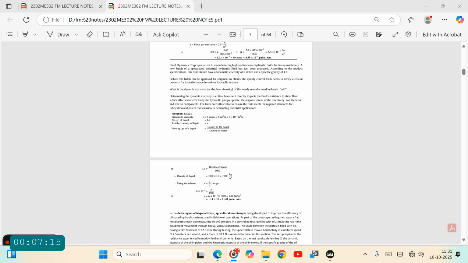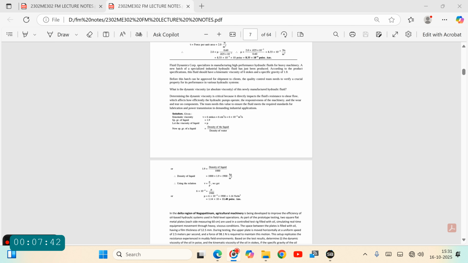And specific gravity, which we already discussed last class. The specific gravity value is 1.9. Before this batch can be approved for shipment to clients, the quality control team needs to verify a crucial property for its performance in various hydraulic systems. As a hydraulic engineer, you have to ensure the dynamic viscosity of the product fluid.